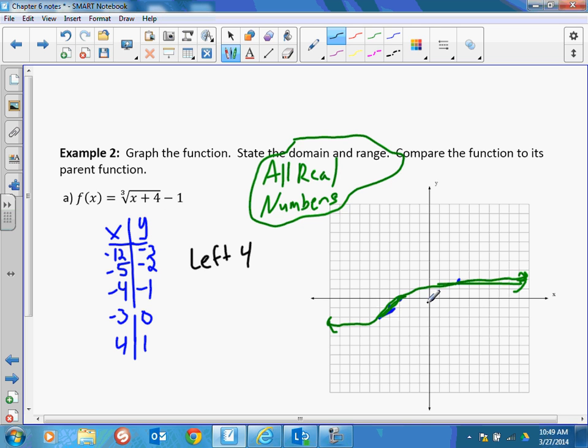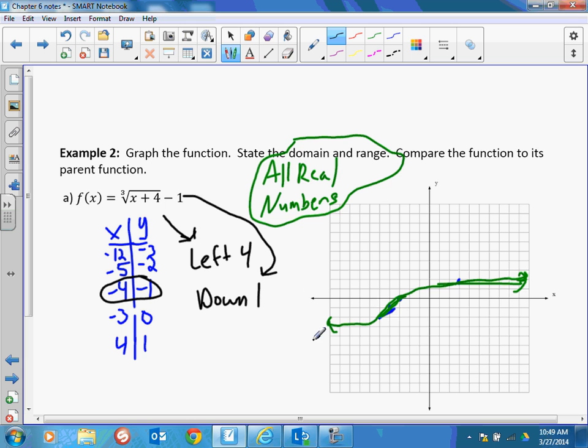And then the -1, it used to start here, but now it moved down. Now our middle point, because this is our vertex where everything starts from, was at 0, now it moved to -4, -1. So it moved left 4, that's what the x plus 4 did to it, and then down 1, that's what the -1 did to it.